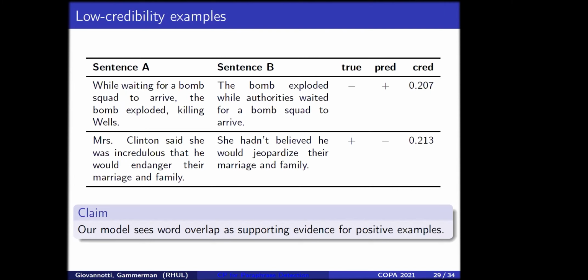We could notice this in many test examples. So we came up with a claim that our model actually sees word overlap as supporting evidence for positive examples. In a sense, we thought that maybe BERT is not really that intelligent. Maybe it's just looking at the overlap of the words, and if there's a lot of overlap, then the example is positive.